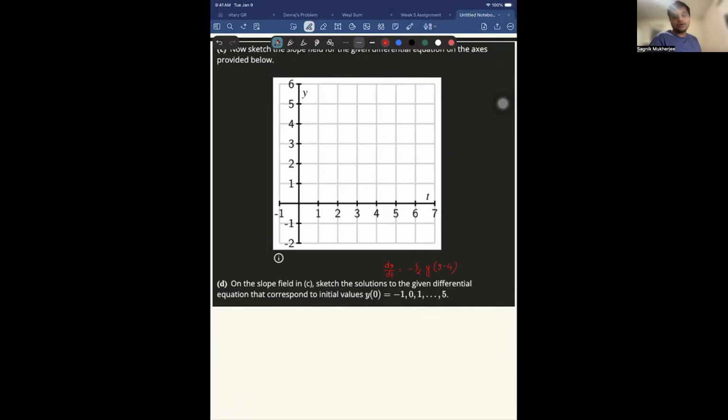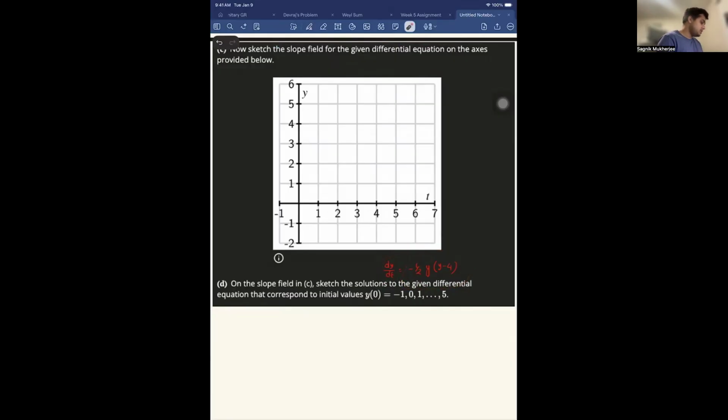Well, to draw the slope field, you need an idea of the tangent lines, how the tangent lines would look. So here on the left hand side, the slope of the tangent is given to you, so that's good. On the right, some expression is given to you that will help you determine dy/dt, that is the slope of the tangent.